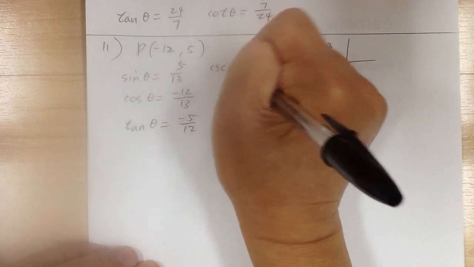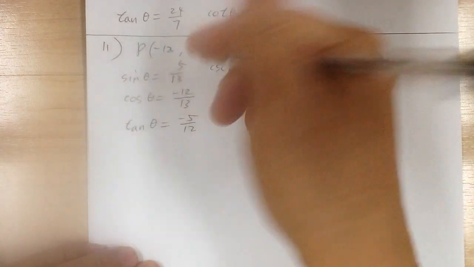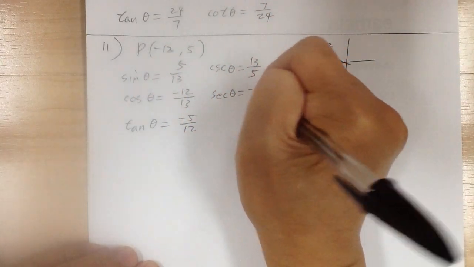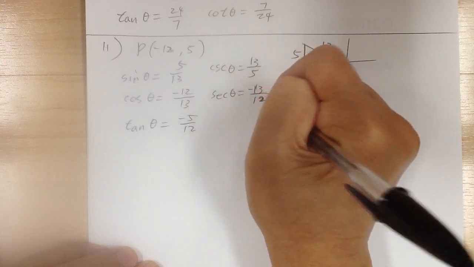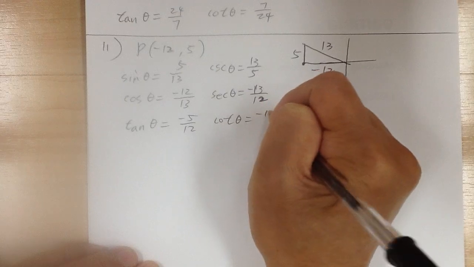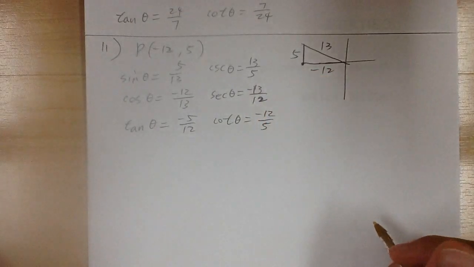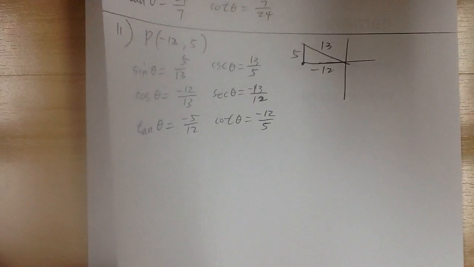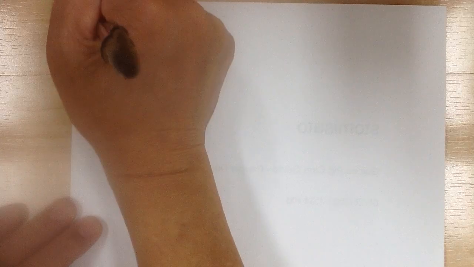So cosecant theta equals 13 over 5, you just take the reciprocal. Secant theta equals negative 13 over 12. And cotangent theta equals negative 12 over 5. Okay. Let's go to the next one.